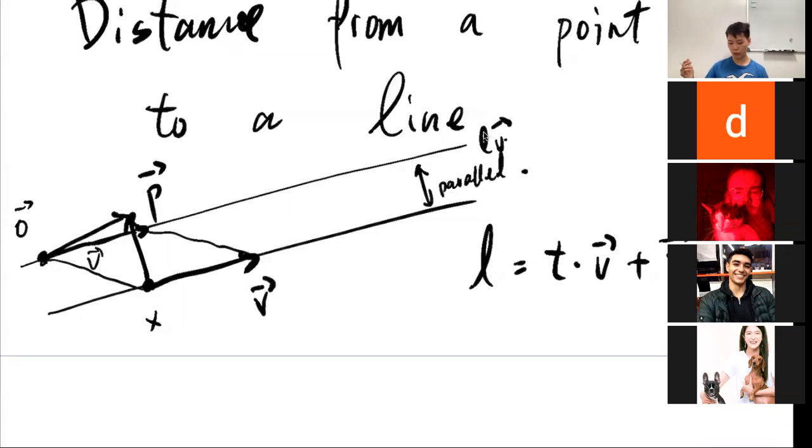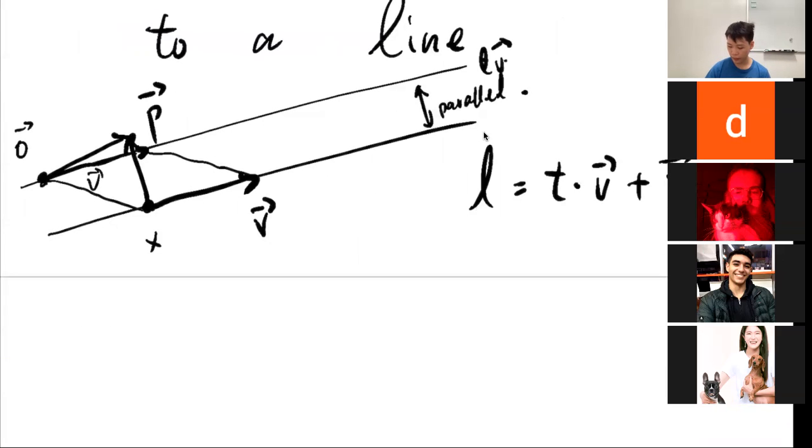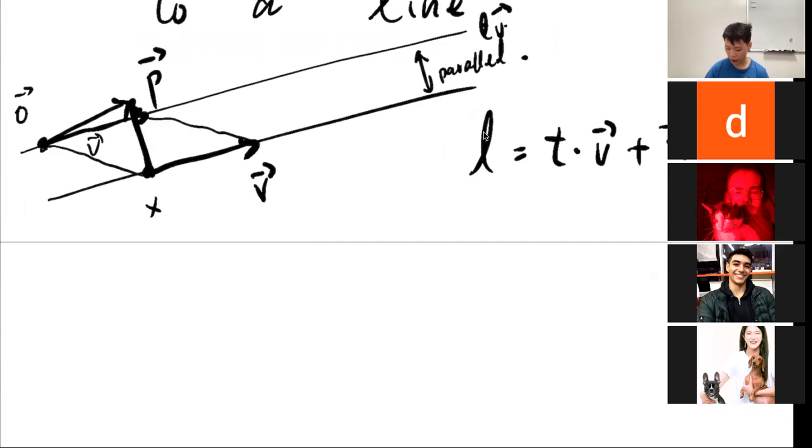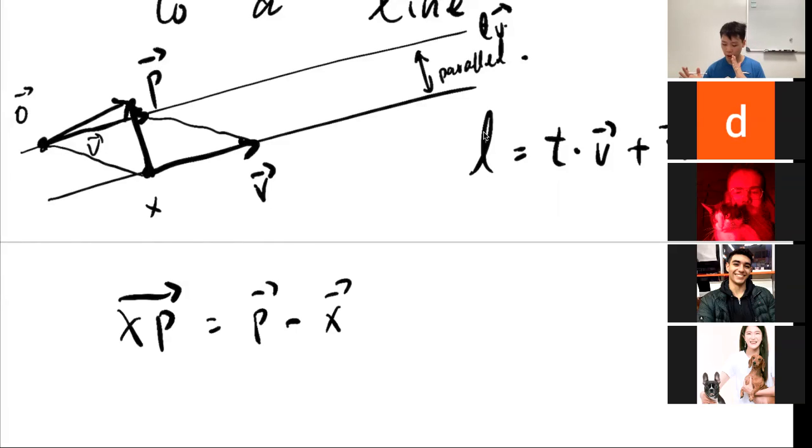Actually, I made it more complicated than necessary. The idea is that you have a point X and a point P, so this is the vector XP, which is P minus X. It starts from the point P and ends at a point on the line.